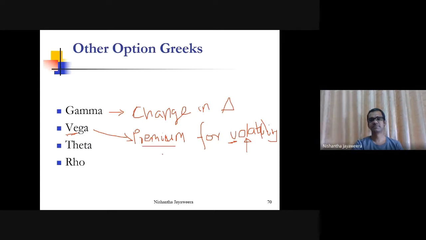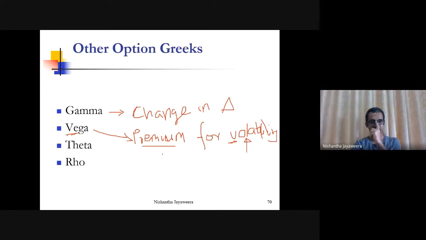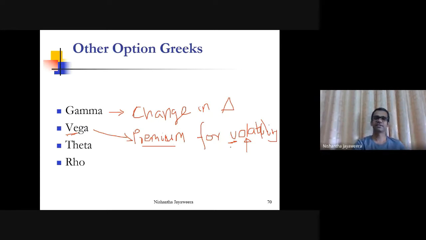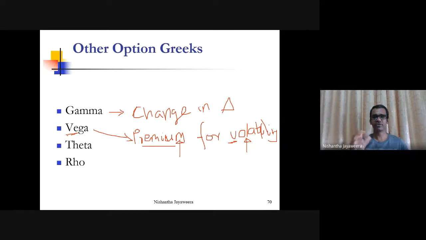Premium. What's the relationship between volatility of the underlying asset and the premium? If volatility increases, premium also increases, irrespective of whether it's a put option or a call option. But how much? For an increase in one unit of volatility, what is the change in premium? It is measured by Vega.